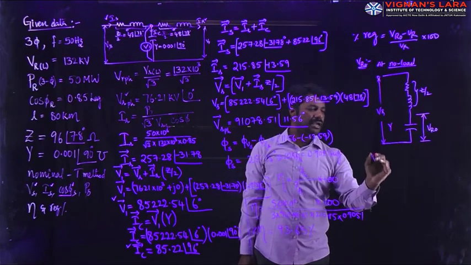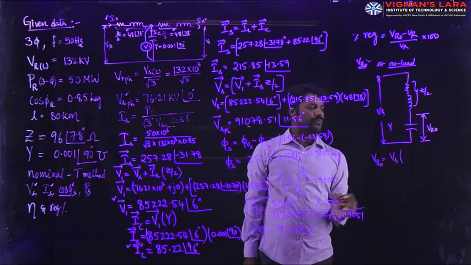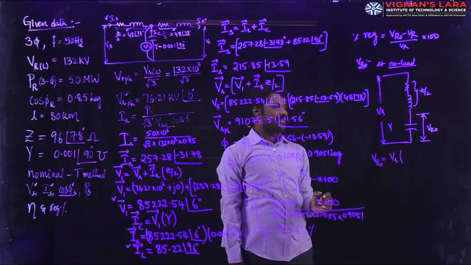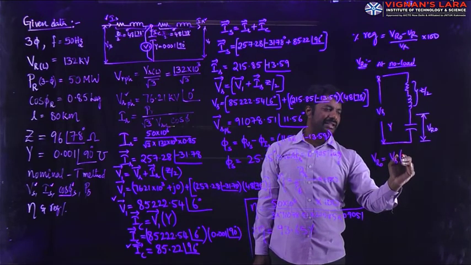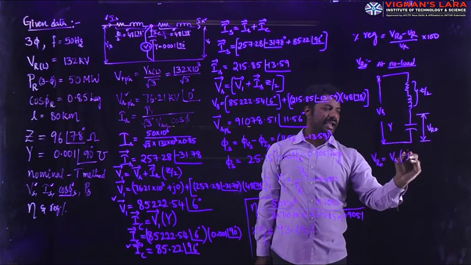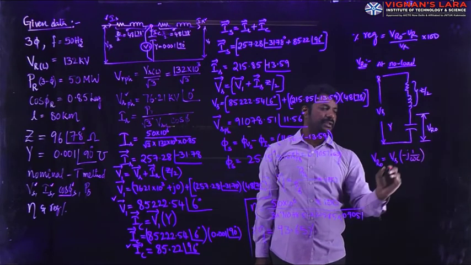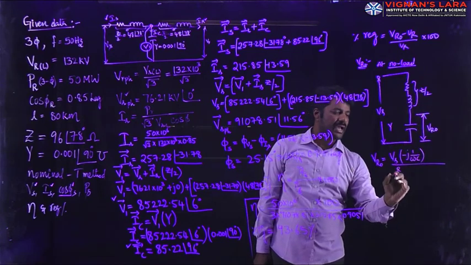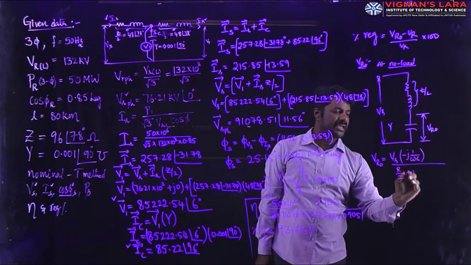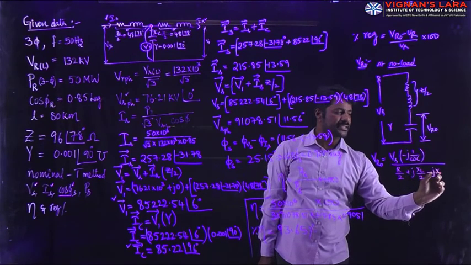What is VR naught? VR naught is equal to the total voltage Vs into minus j XC, where XC is equal to 1 by omega C, divided by the entire impedance, R by 2 plus j XL by 2 minus j XC.